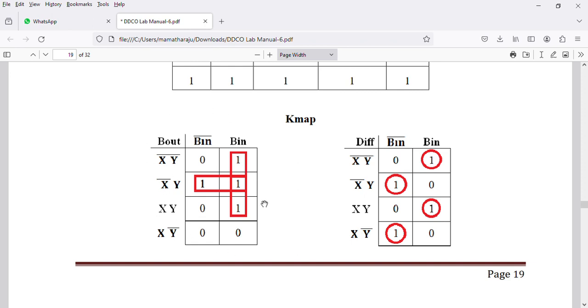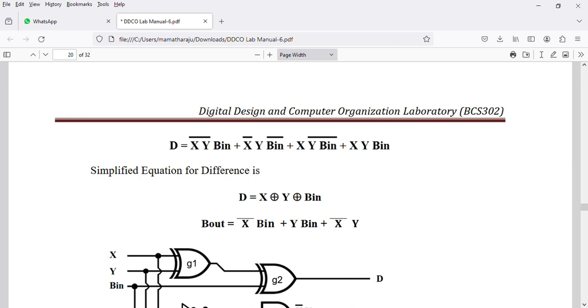In the K-map of the borrow out equation, we'll get 3 pairs, and in difference we don't get any pair, so we circle them as they are. The difference equation we get as x bar y b in bar plus x bar y bar b in plus x y bar b in bar plus x y b in, which is nothing but our 3-input XOR gate equation, that is x XOR y XOR b in.